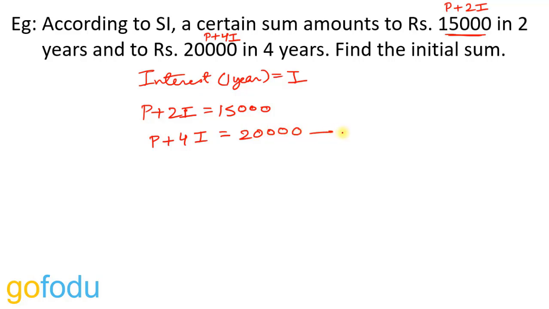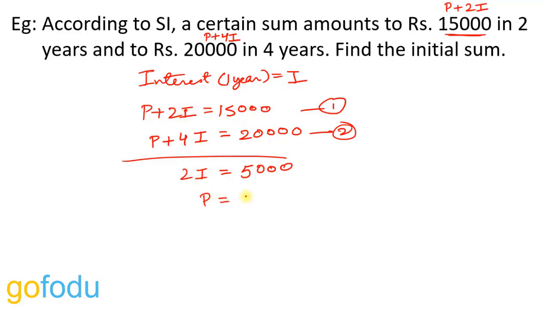If we subtract equation 1 from equation 2, we get 2I is equal to 5,000, and putting 2I equal to 5,000 here, the principal comes out to be 10,000 rupees. That is what is asked in the question. We have to find the initial sum, that would be 10,000 rupees.